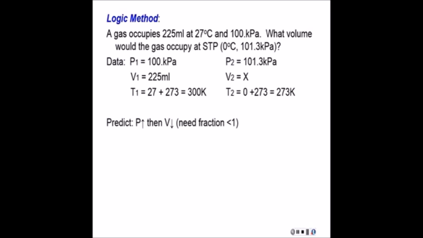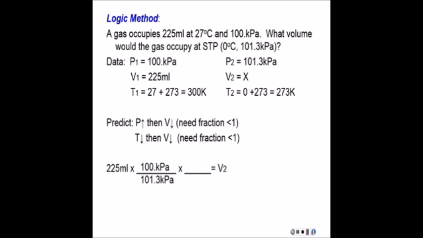If the pressure goes up, then the volume should go down, which means we need a fraction that's less than 1 out of my two pressures. For temperature now, since temperature is going down, I need a fraction also that's less than 1 for my two temperatures. So then when I set them up, it would look like this. And there's my answer.